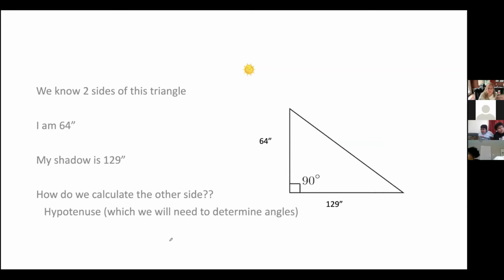So we know the two sides of the triangle of me. I'm 64 inches tall. That is the A side. We know my shadow is 129 inches. And we can calculate this. We don't have to, but we can. Do you remember what this is? The hypotenuse. And it's just good to know it for some of the other formulas we're going to do.